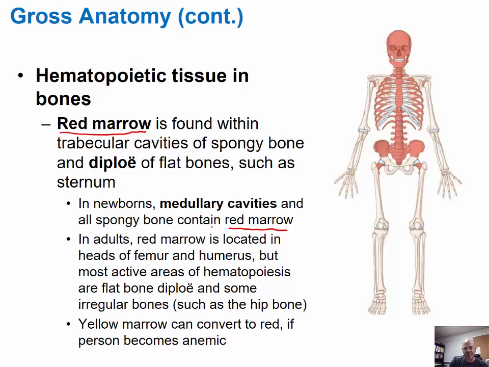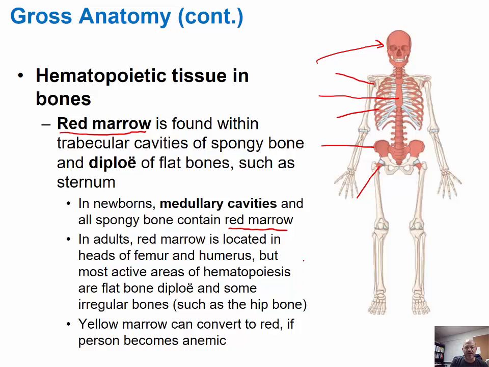However, as development continues through childhood and into adulthood, we won't find red marrow there anymore. Instead, the red marrow is located in very specific locations, highlighted in red in this diagram, like the flat bones of the skull, the sternum, the ribs, parts of the pelvis, and the proximal ends of the femur and the humerus.